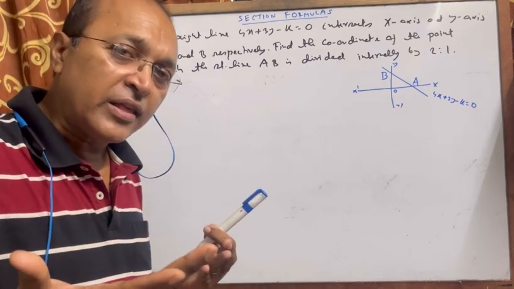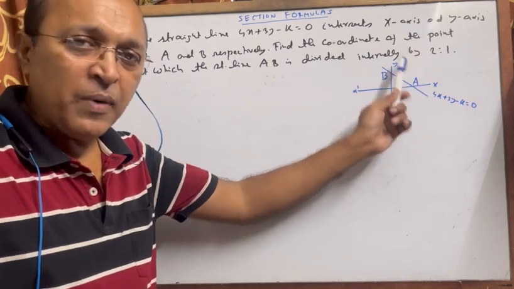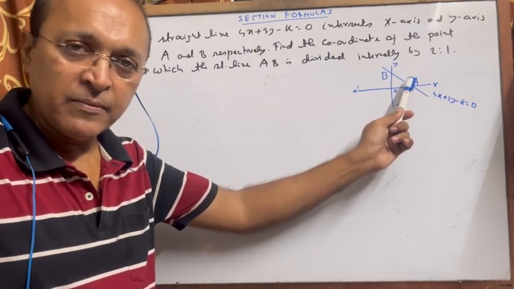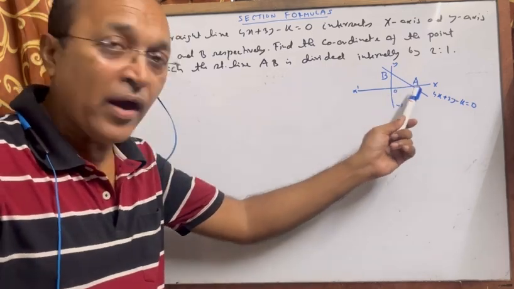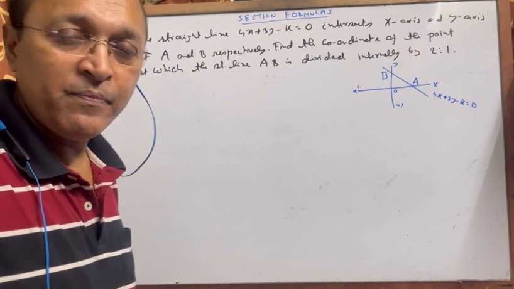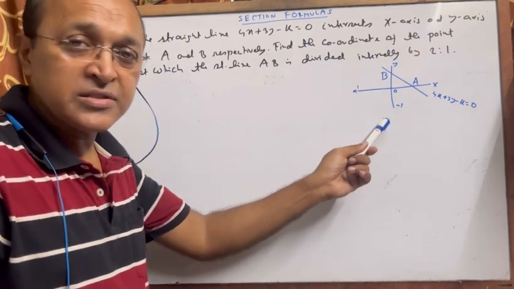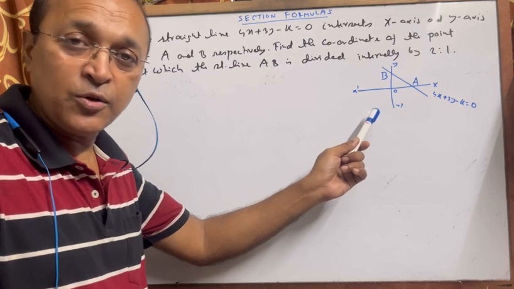All of you know one thing: any straight line, when passing through x-axis at a point, along x-axis, all the points will have y coordinate 0. And along y-axis, all the points will have x coordinate 0.